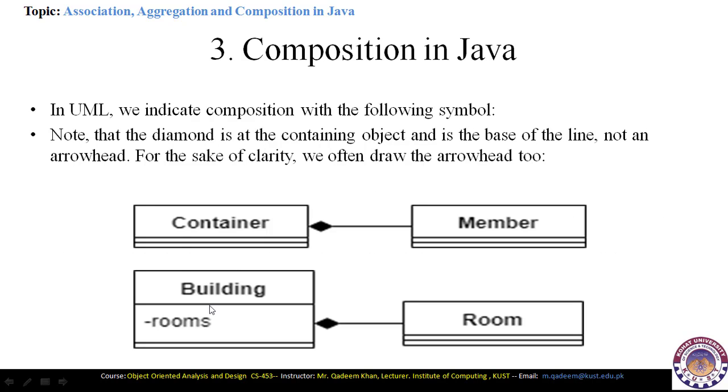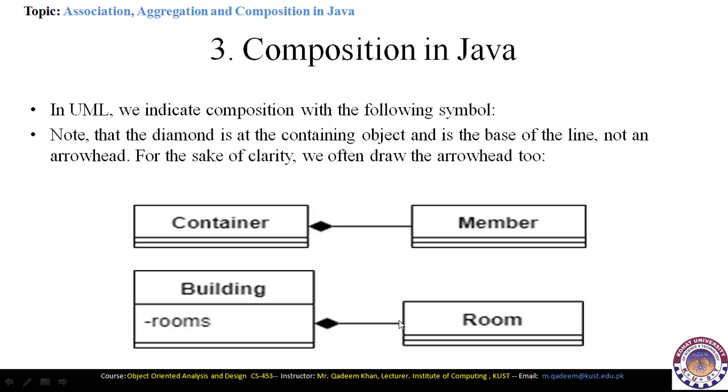Now these are the symbols used for composition. A filled diamond symbol is used. The diamond is placed at the containing object, and the line is not an arrowed line. For the sake of clarity, we sometimes also draw the arrowhead, but it is not necessary.